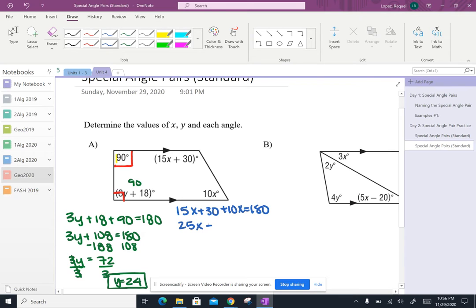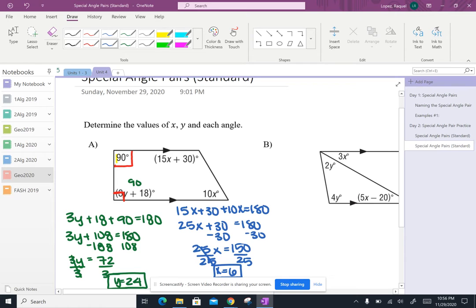So I get 25x plus 30 equals 180. Subtract 30 on both sides. I get 25x equals 150. Divide by 25, divide by 25. And 150 divided by 25 is going to give us 6. So here, x equals 6.